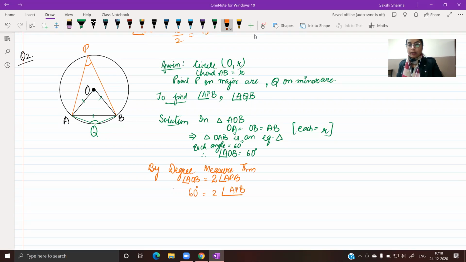If you want, you can write down that arc AB subtends angle AOB at the center and angle APB on the remaining part of the circle.